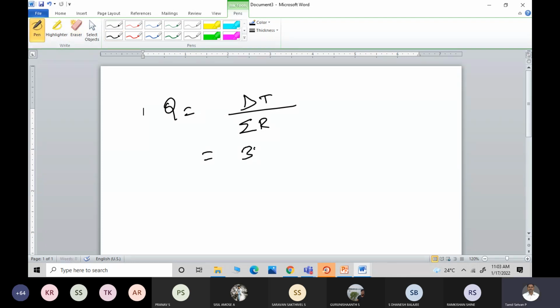When you substitute in Kelvin or degree C, the temperature difference remains the same. I have already told you, 100 degrees minus 0 degrees is 100, and 373 Kelvin minus 273 Kelvin is also 100. The del T remains the same. Is it fine, students? Yes, sir.